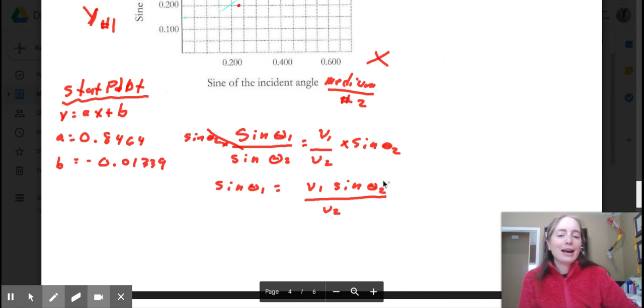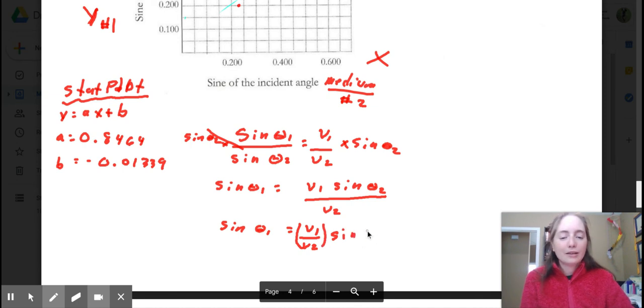Now, this is x. So I am going to separate these two here so that we're multiplying by this guy, so it looks more like our x. So sine of theta 1 is equal to V1 over V2, times, we'll put that in brackets, my sine of theta 2.